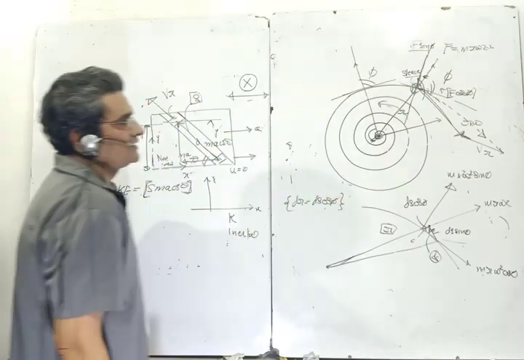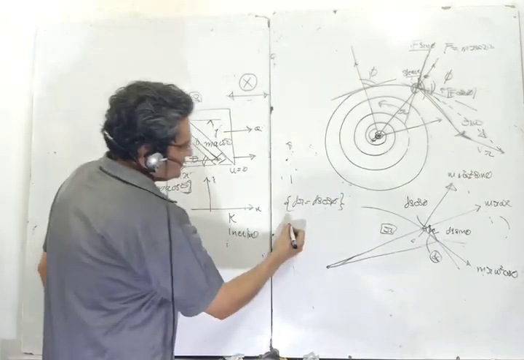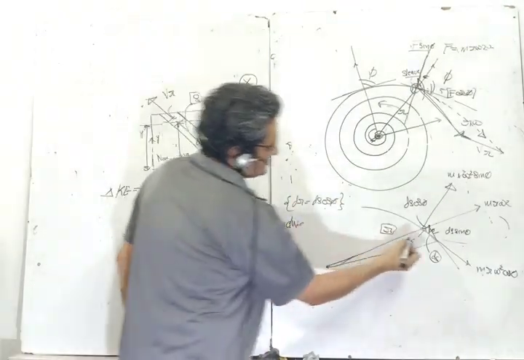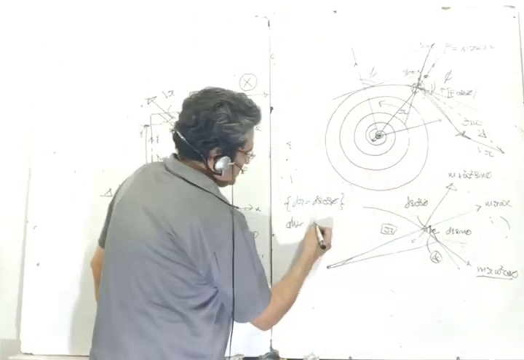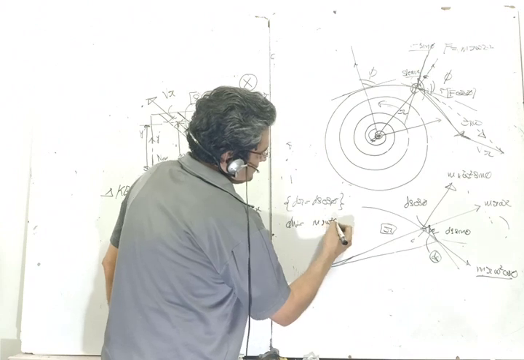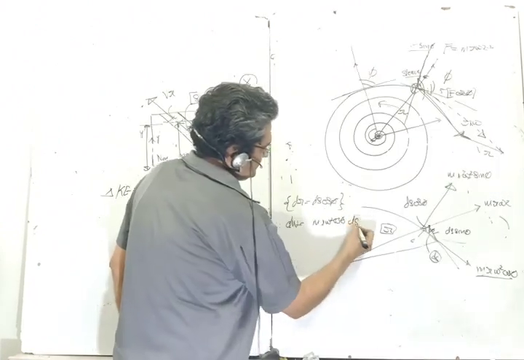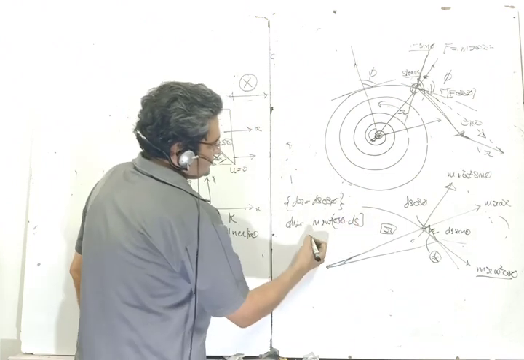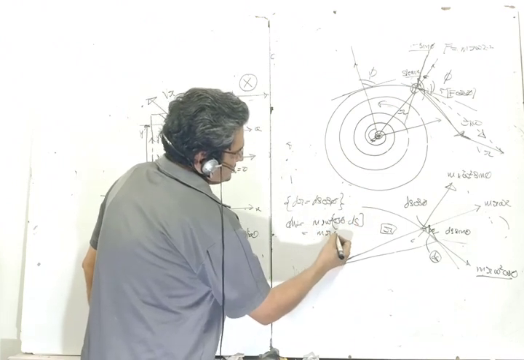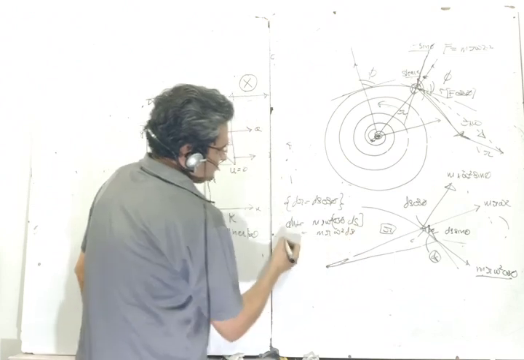So one relationship I have got. Now what is the work done? When it is moving this displacement ds, work done is this force mr omega square cos phi, means force along ds and ds. What is ds cos phi is dr. So mr omega square dr dw.